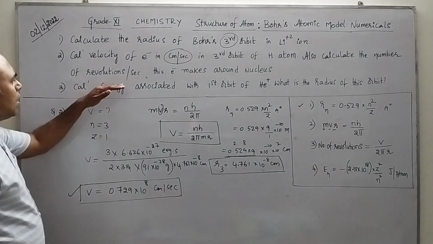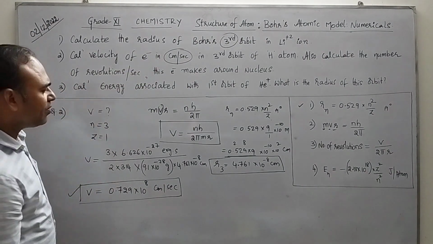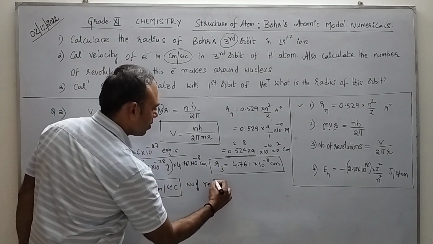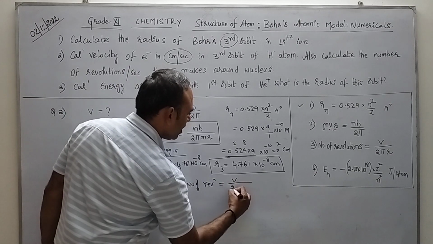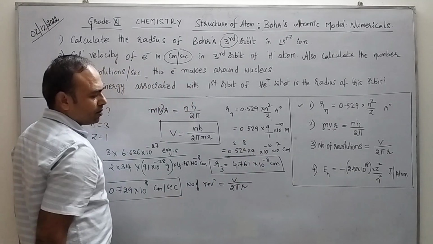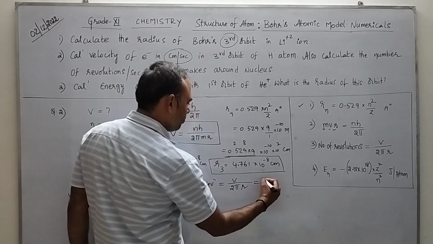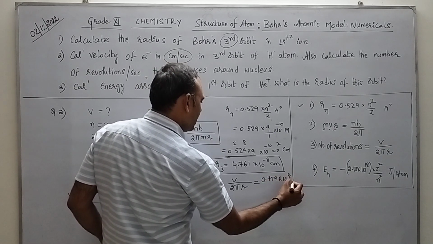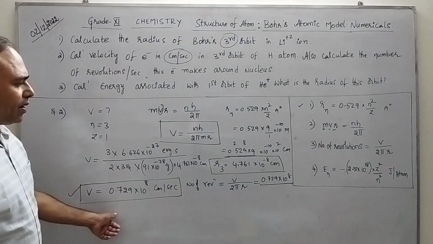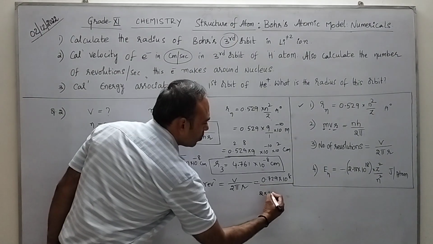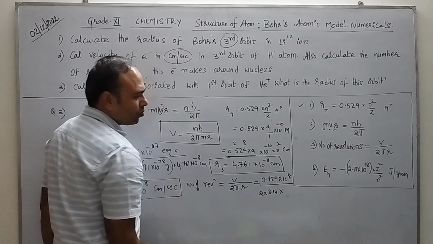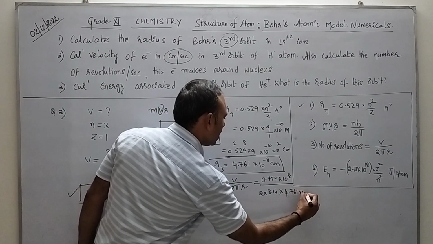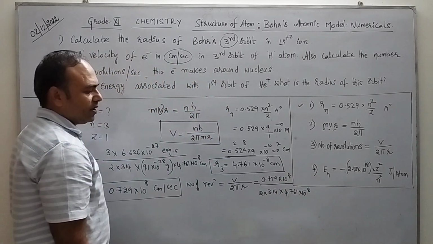Now what is the second portion of the question? Calculate the number of revolutions. Now let us take the formula. Number of revolutions is V by 2 pi r. Now you know the value of V. 0.729 into 10 to the power of 8 divided by 2 into pi value 3.14 into the radius, 4.761 into 10 to the power of minus 8.